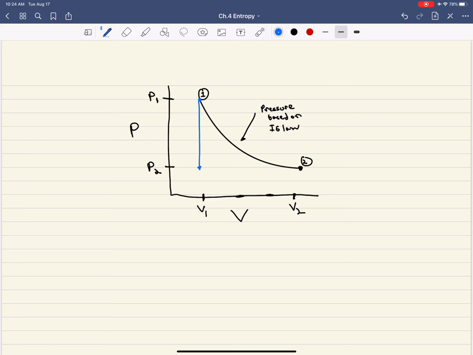And so once we remove that block, the only two forces acting on the gas are the atmospheric pressure and the weight of the piston. Okay? And so the forces that the gas must act against are just P_atm A_P plus mass of the piston times gravitational acceleration.